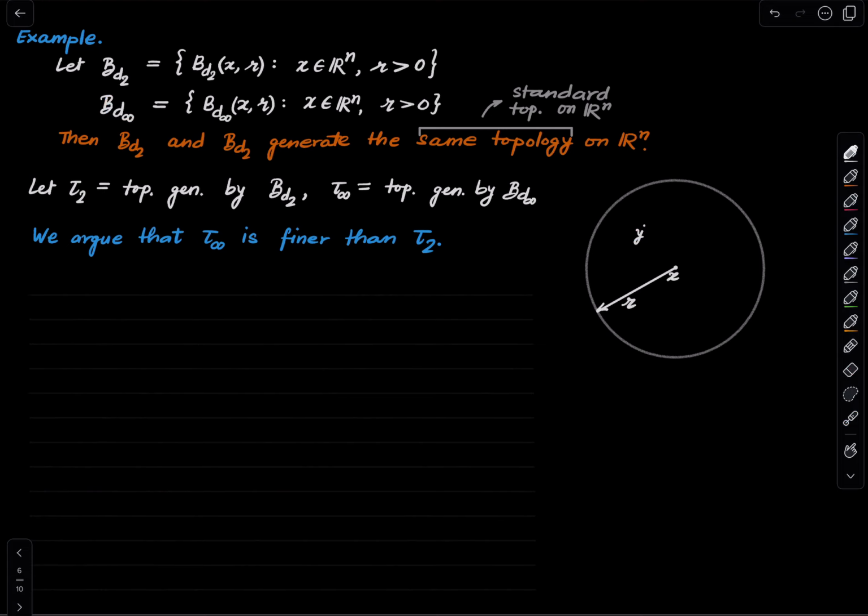First, note that clearly, let's say the distance between x and y is equal to something. Let's call it a. The Euclidean distance between x and y, let's say that is a.